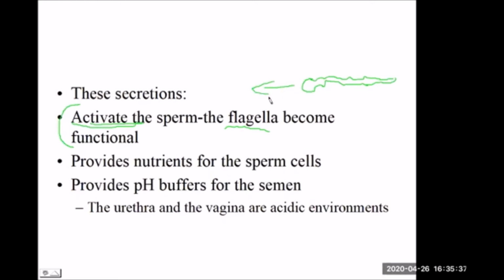Again, this is a cell that's designed to exit the male body and pass into the female reproductive tract for fertilization. As the cell leaves the body, these fluids provide an energy source so that the cells can continue their metabolism and function, as well as protecting the sperm cells as they pass through the urethra.